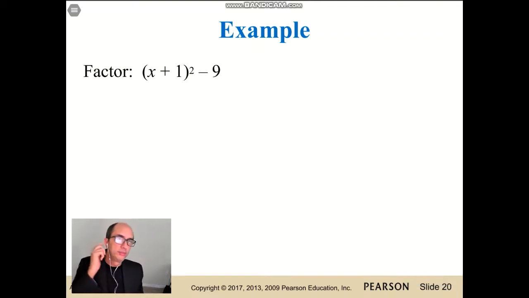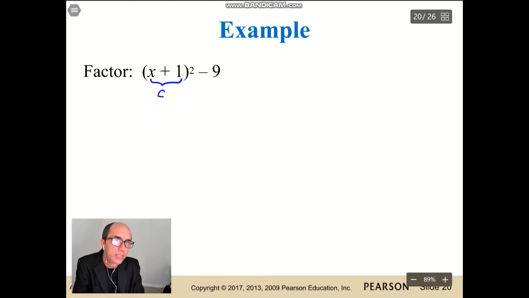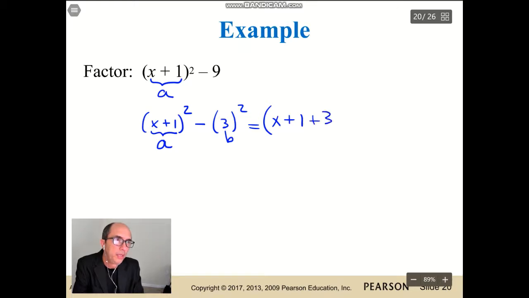What about this one? It's a little bit different, this example, because now we have the parentheses here, but actually we can call all this inside the parentheses as our a, and here it's like x plus 1 squared, this is our a, minus 3 squared, and this is going to be our b. We can rewrite it as x plus 1 plus b times x plus 1 minus b.